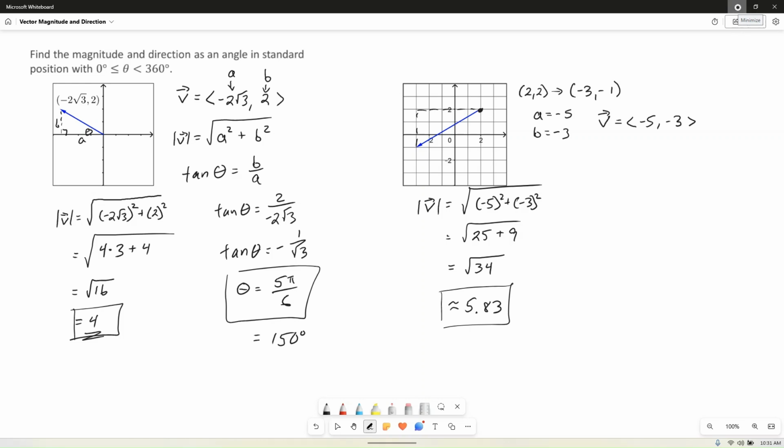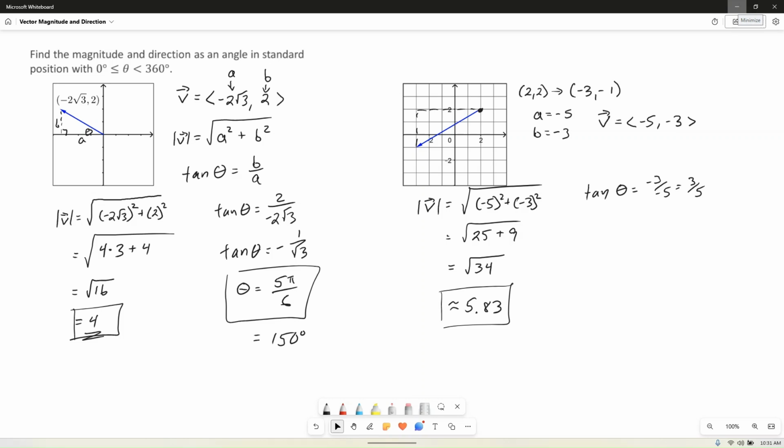All right, to find the angle, again, we're going to do the same thing. The tangent of theta is b over a, so it's going to be -3 over -5, which turns out to just be 3/5. Right? The double negative makes it a positive 3/5. 3/5 is not one of the nice unit circle values that we want.